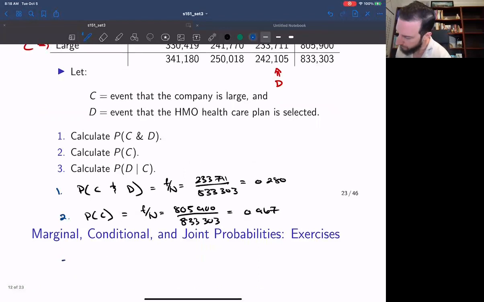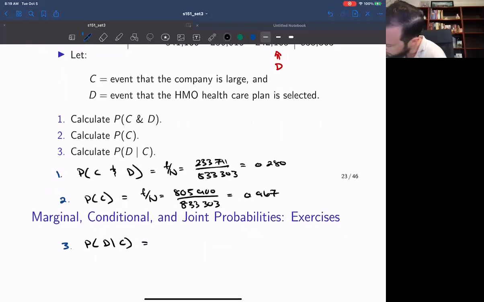All right, and then in part 3, we're being asked, what is the probability of observing a company subscribed to the HMO healthcare plan, given the company must be large? Okay, so we are only considering large companies now, and we want to know the probability that of the large companies, we randomly select one that has the HMO healthcare plan.